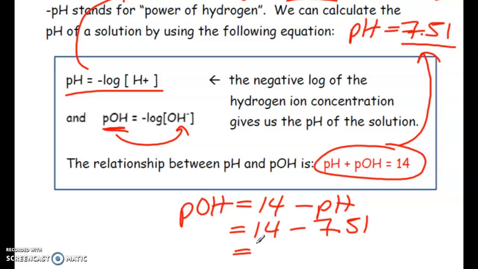So 14 minus 7.51. Right, so the pOH would be 6.49. This is a very useful relationship, because sometimes you might have only hydroxide, but the question's asking you for pH. You cannot solve for pH unless you have H. So the only way around that is to do it with this formula here.